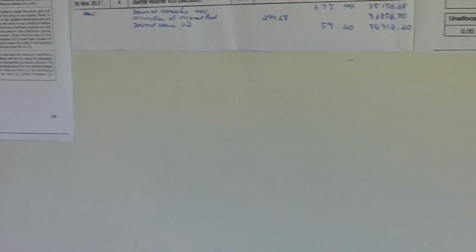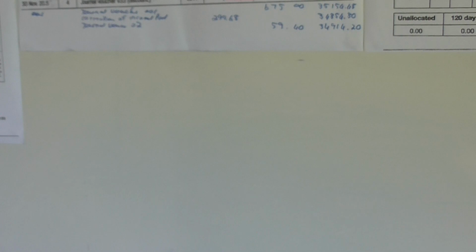So now we need to go and fix it. The first thing you need to do is calculate what the amount was before discount. Okay, so we received a 20% discount. We were supposed to receive 25%.